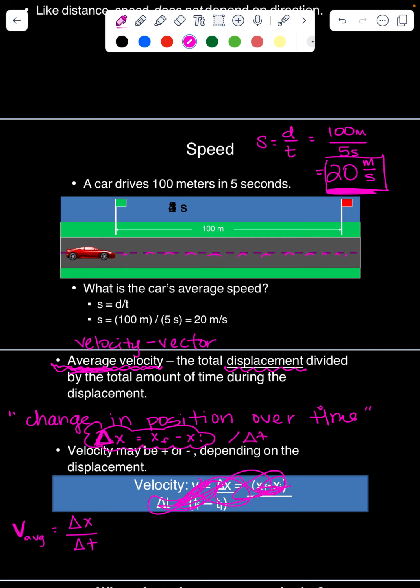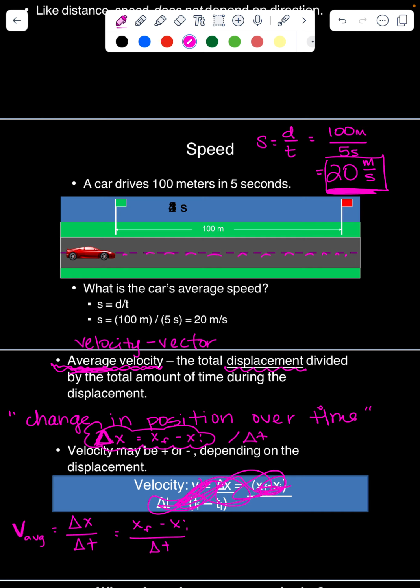Now, this is the most basic one. This is the equation that you will be given on your quiz and on your test. You have to remember that anything, delta anything, can be broken down into final minus initial. So this could also be our final position minus our initial position over our entire time interval.